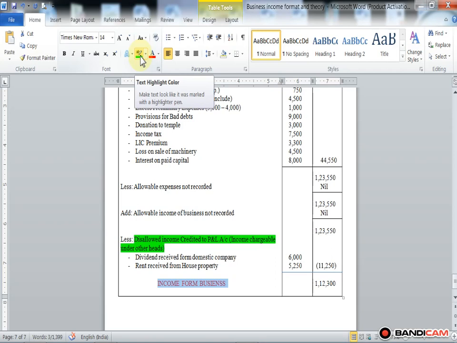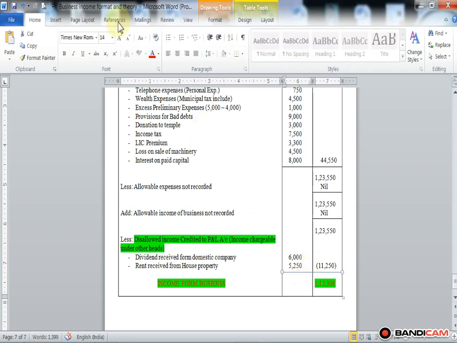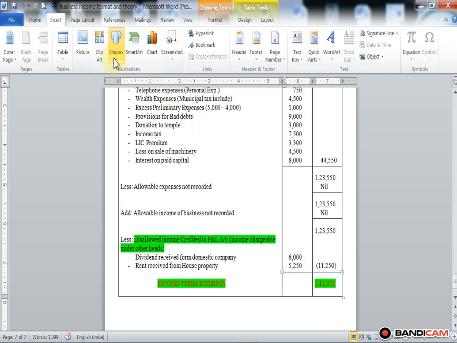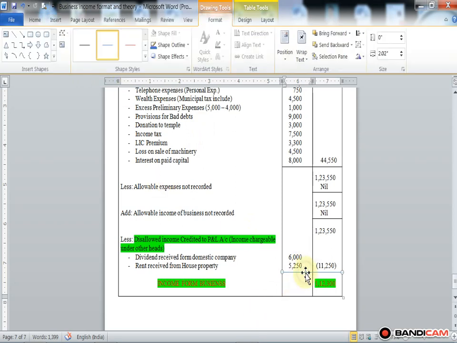Some income is also given to you in additional information which is related to business, so this income is added in net profit. Okay, so here we get an income from business, that is 1,12,300. Okay, so very easy problem is this. Okay, so again we revise it. Again we revise this problem.